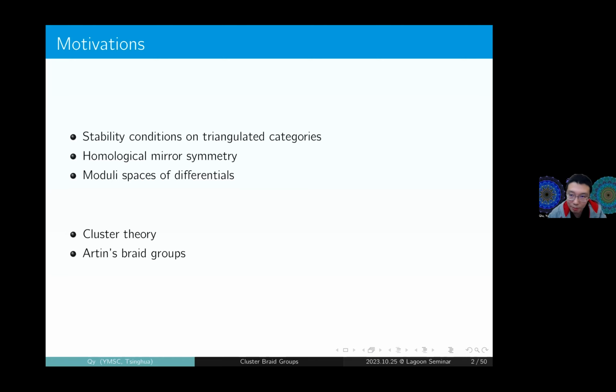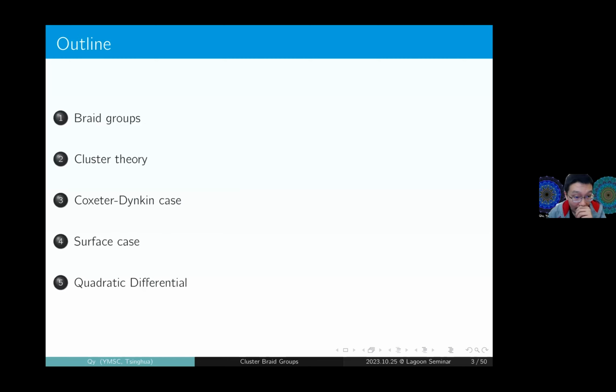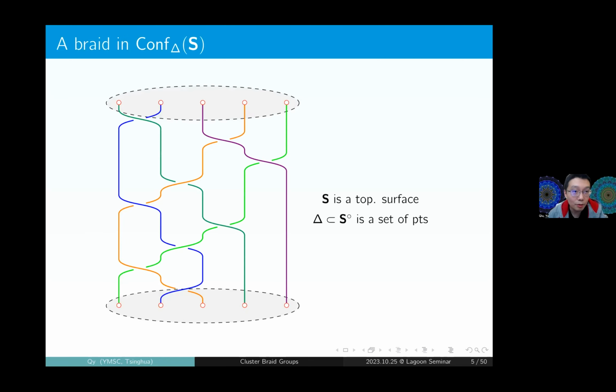So for cluster braid groups, those are the 2 key ingredients. And towards the end, I will talk a little bit about application to quadratic differentials. So that's the plan. First, let's recall the braid group.